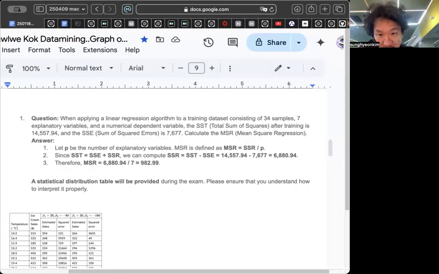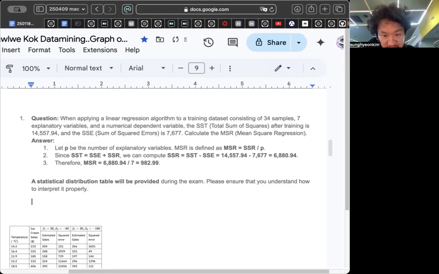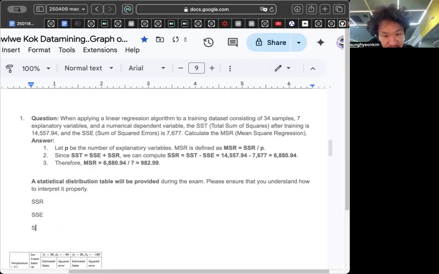First, linear regression review. If there are 34 samples and 7 explanatory variables, then there are always basic things, which are SSR, SSE, SST.